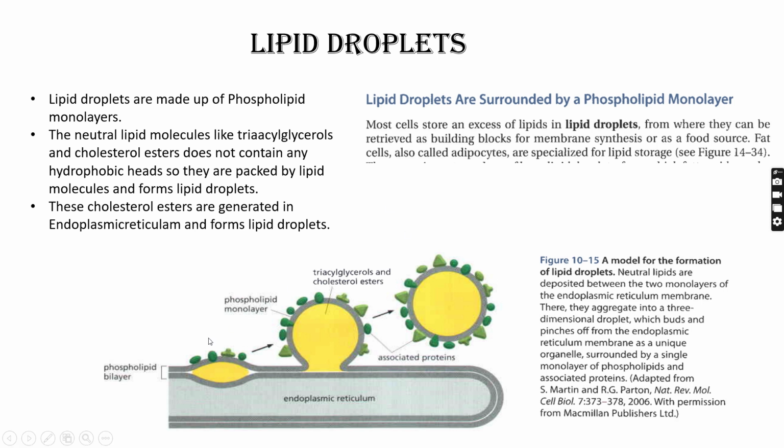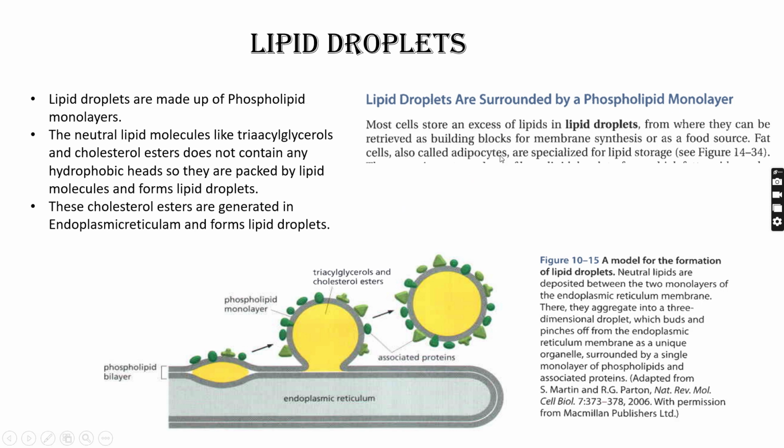So in the ER, this cholesterol and these triacylglycerols are processed, and these neutral lipids get inserted inside the endoplasmic reticulum membrane, and these membranes finally form circle-like structures, and they keep it and store it for further use during other processes.